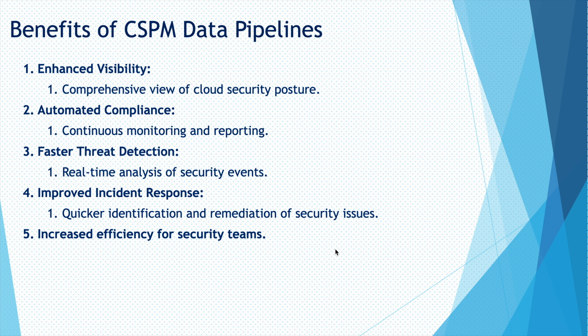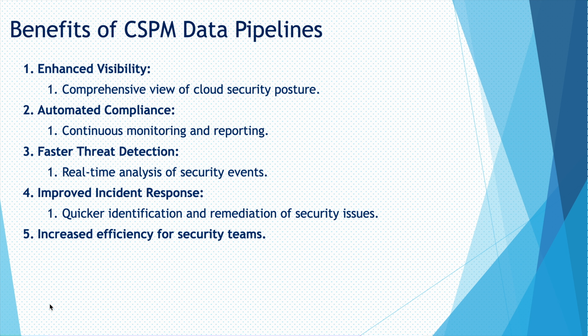It provides enhanced visibility by providing a comprehensive view of the cloud security posture, automated compliance, continuous monitoring and reporting, faster threat detection, real-time analysis for security events, improved incident response, quicker identification and remediation of security issues, and increased efficiency for security teams.